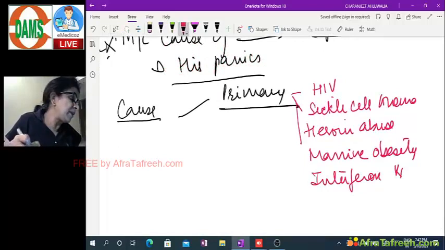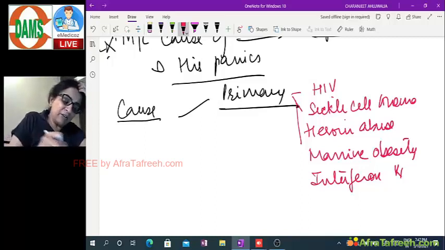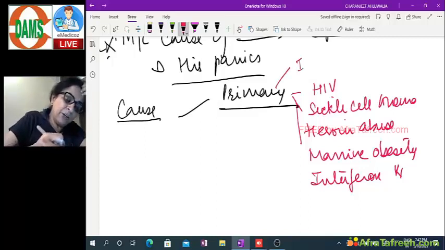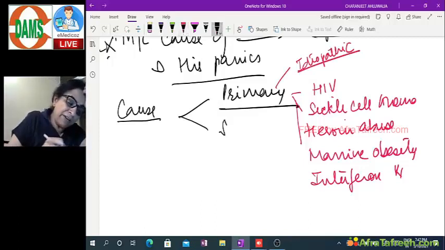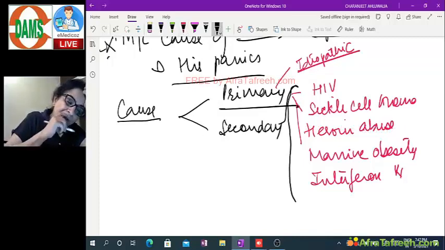Interferon treatment. So this is secondary, this is not primary. So primary is idiopathic. Primary is, you don't know the cause, primary is idiopathic, or it can be secondary, and in secondary these are the causes.